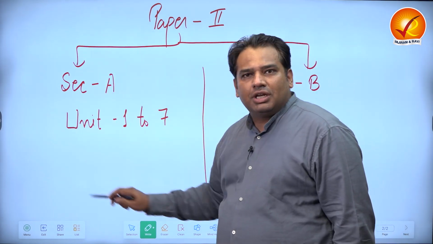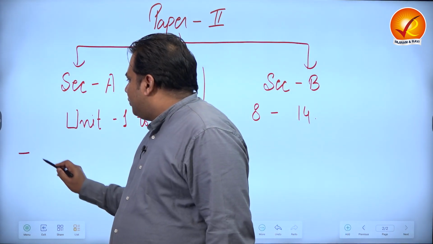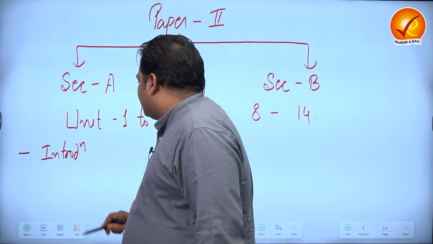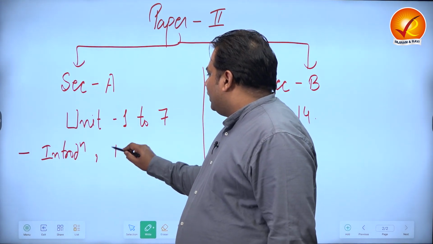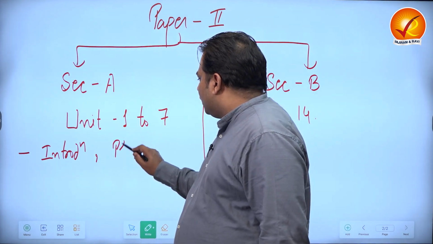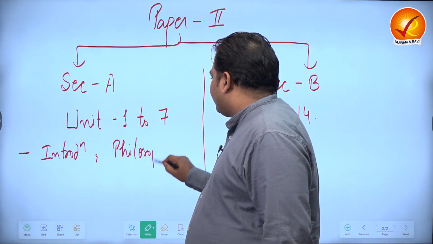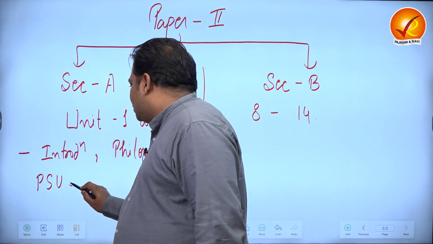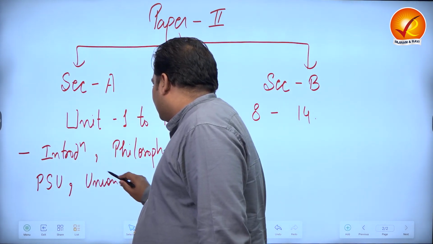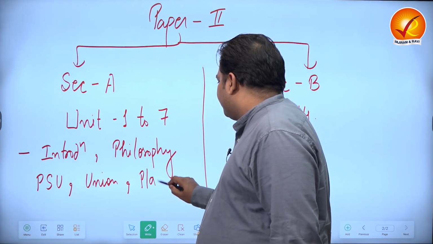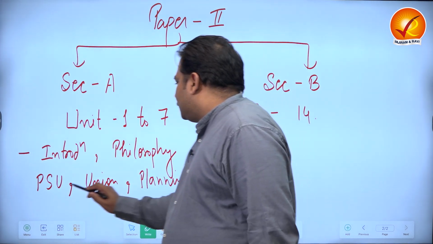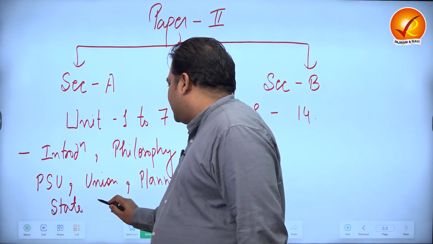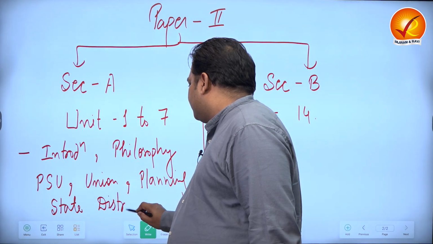Within section A, we have some basic units like introduction to the Indian Constitution. We have a unit with respect to constitutional philosophy. We have units with respect to PSUs, union government, planning, state government, and also district administration.